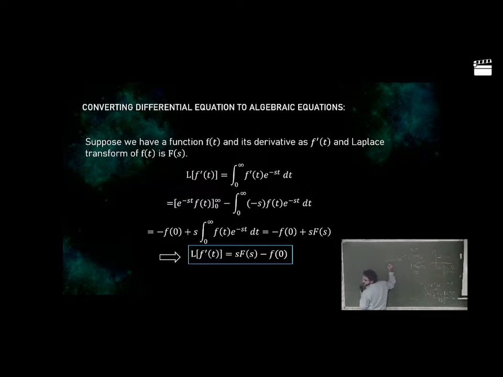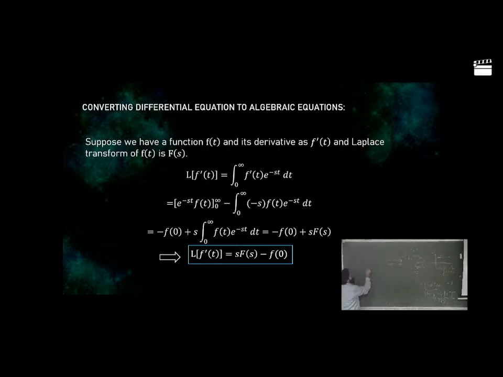Sir, how did you write from Laplace of sin ax and then for Laplace of e to the power minus ax into sin ax? Yes, one minute. There is a 2j in the denominator for sine.